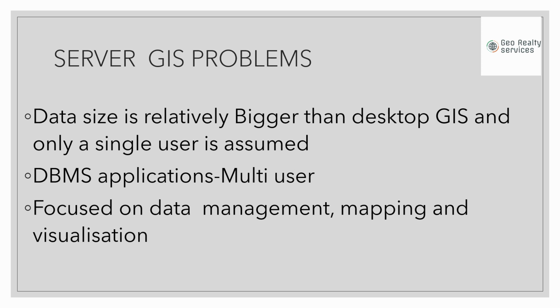Full functionality of database management system should be supported, such as transaction management with atomicity, concurrency, isolation, and durability, SQL, and data indexing and query optimizations, and so on. Main focus will be placed on data management with database management system and mapping and geovisualization with GIS.